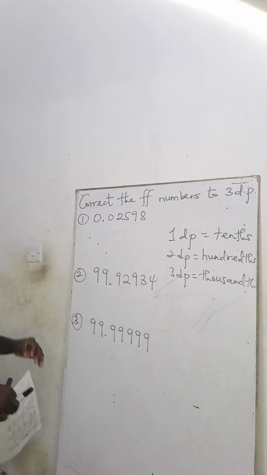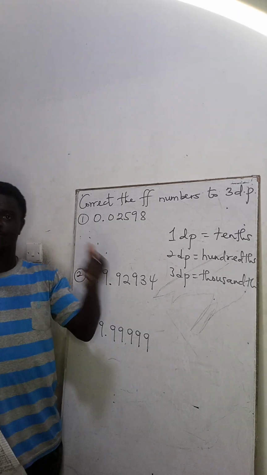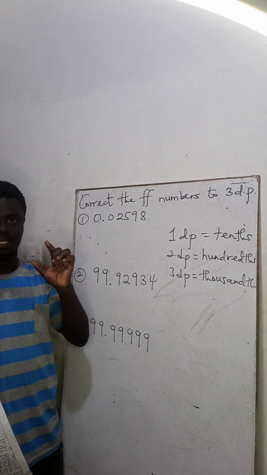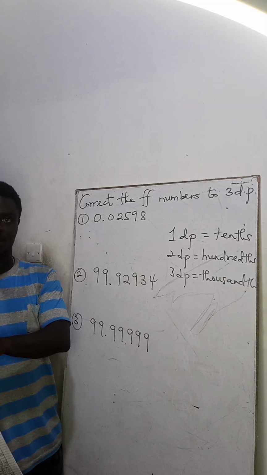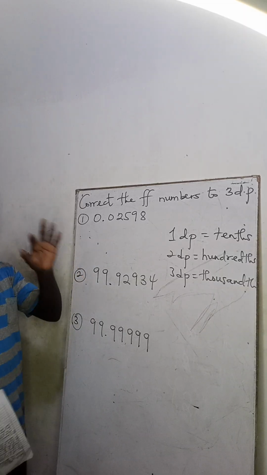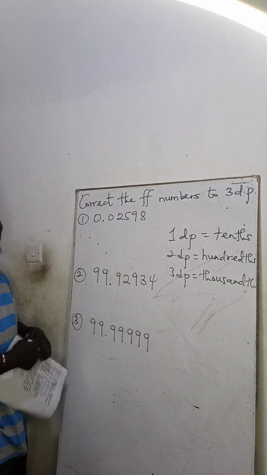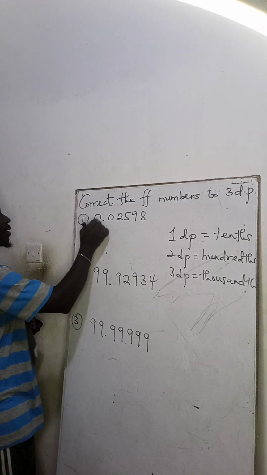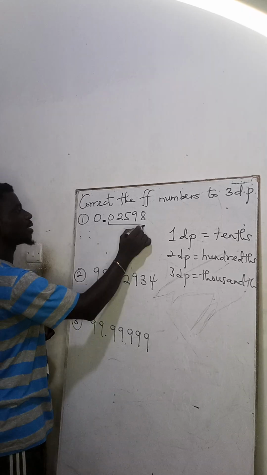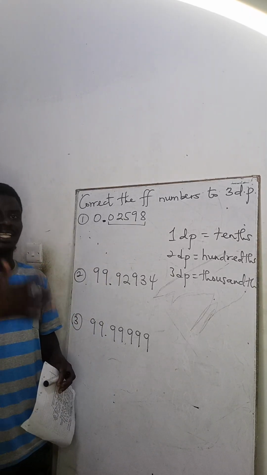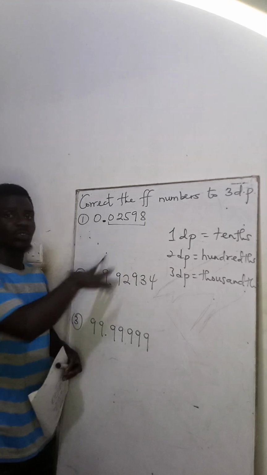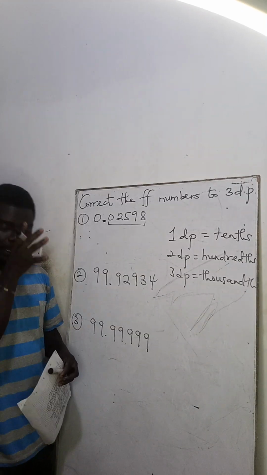All right. Now, decimal places is different from significant figures. For decimal places, we are dealing with what is after the decimal point. After the decimal point, the numbers you see are the decimal numbers.